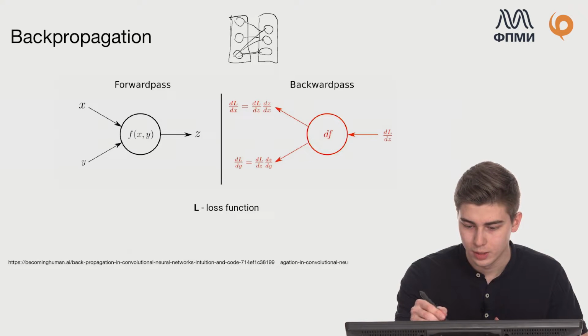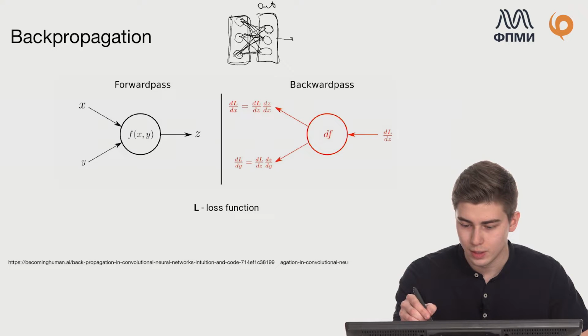So here, let me draw some simple neural network. And we see that here we have the connections between the neurons of this layer and between the neurons of this layer. So if this is the output layer, then next there will be the loss function.